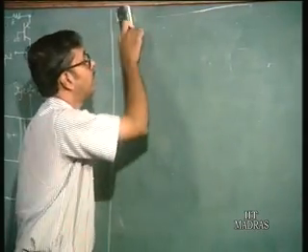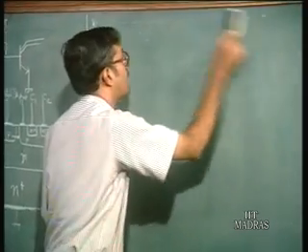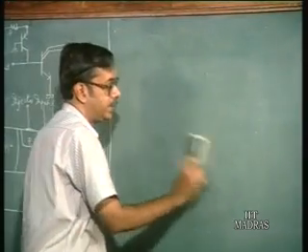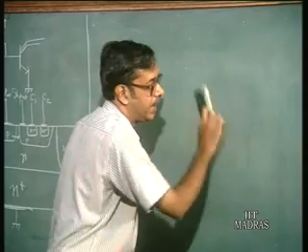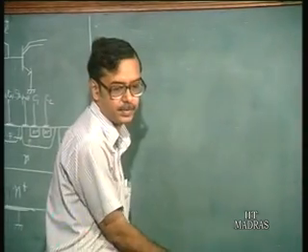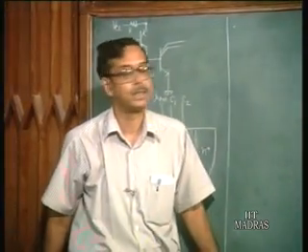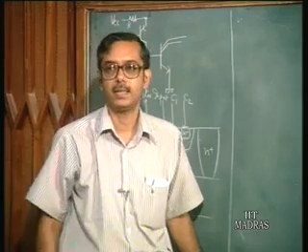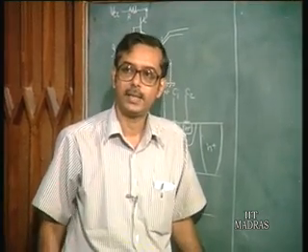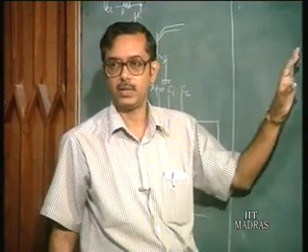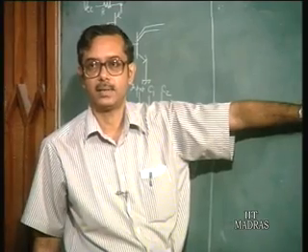Now, what we shall do next, as I said, is take a simple circuit drawn using NOR gates and try to see how you can realize the equivalent I squared L transistor circuit.